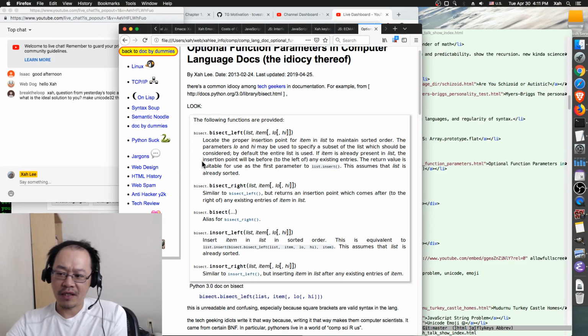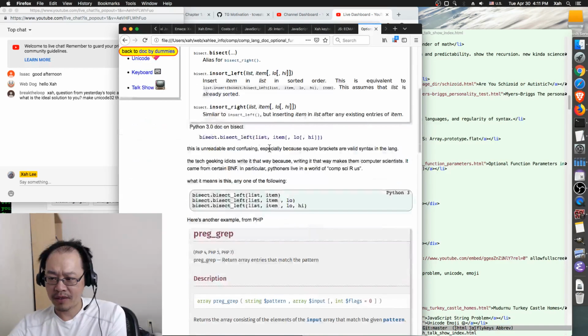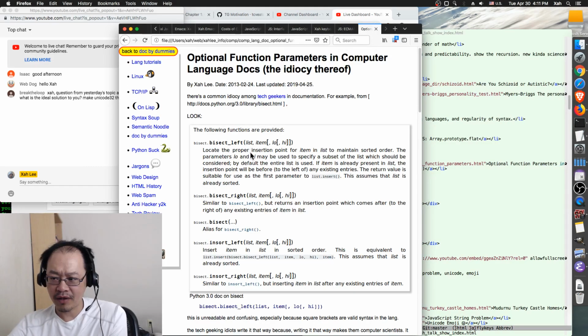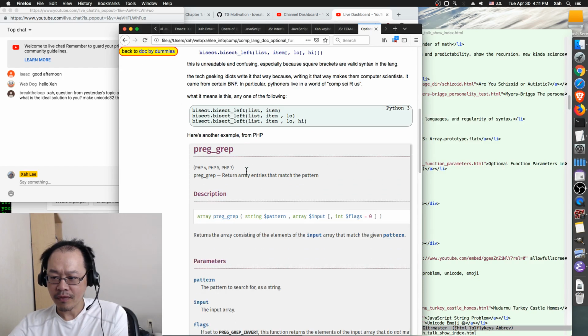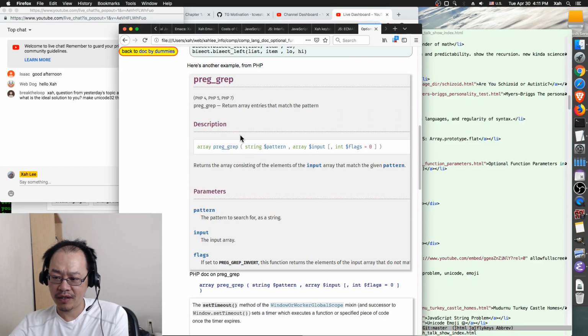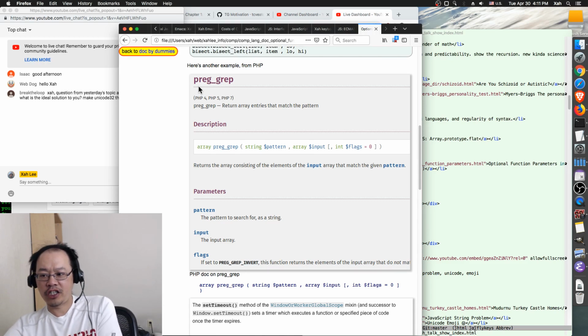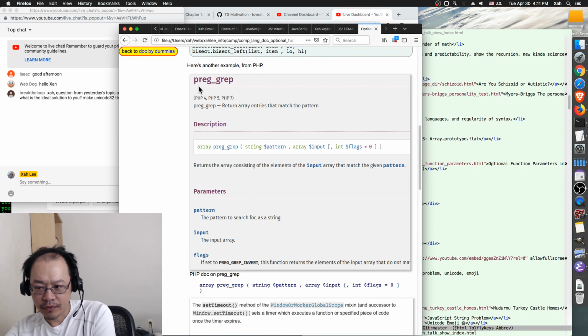Now, why is this stupid? So for example, these optional parameters. That example is from Python, and then we have another example. Here is an example from PHP documentation. So you have this preg_grep. Now that's a function.